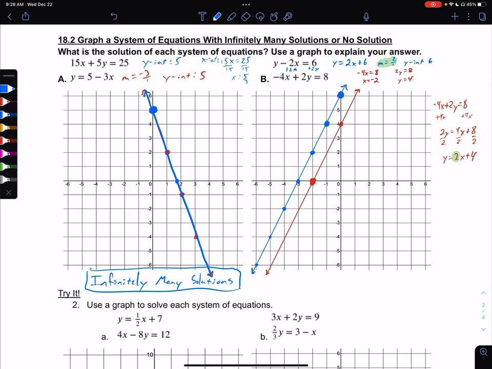So since these two lines never intersect, there would be no solution. Again, we would say it's because the lines are parallel. Having the same slope and different y-intercepts means that they're parallel, and if they're parallel, they won't intersect. If they won't intersect, we don't have a solution.